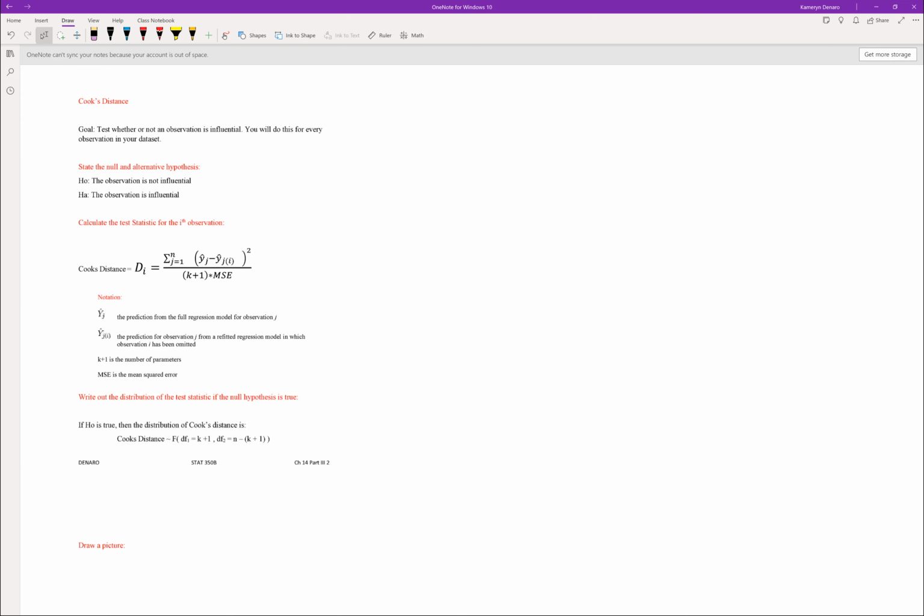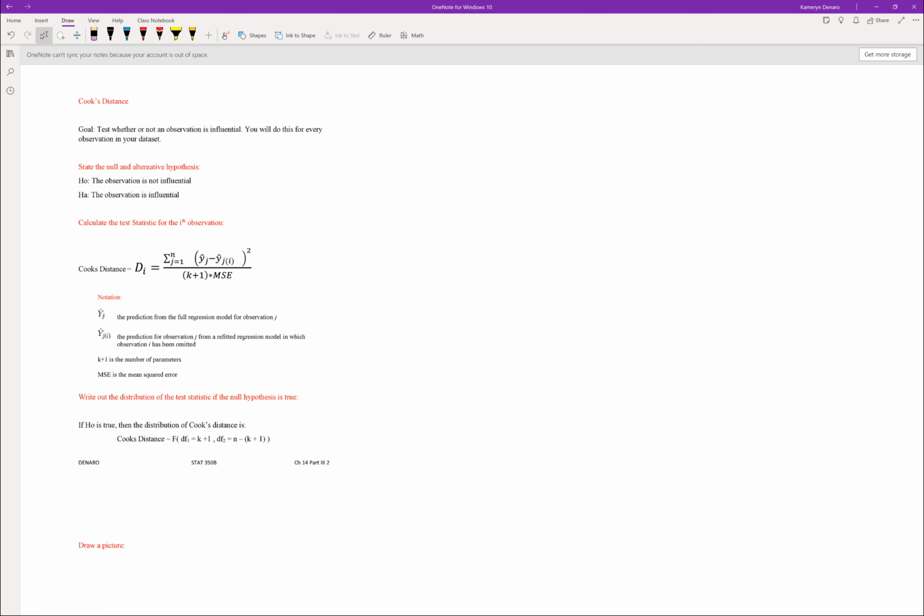K plus 1 is the number of parameters because k is the number of predictors, plus you have that intercept. MSE is our mean squared error. And the y hat j is the prediction from the full regression model for observation j.